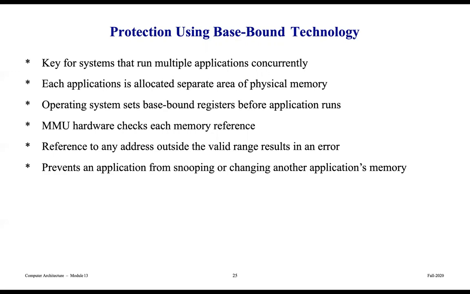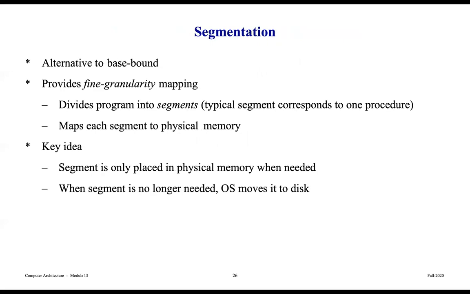A reference to any address outside the valid region results in an error. We talked about that before. It prevents an application from snooping on or changing another application's memory. Until it's released, the application maintains that ownership, if you will, of that memory.